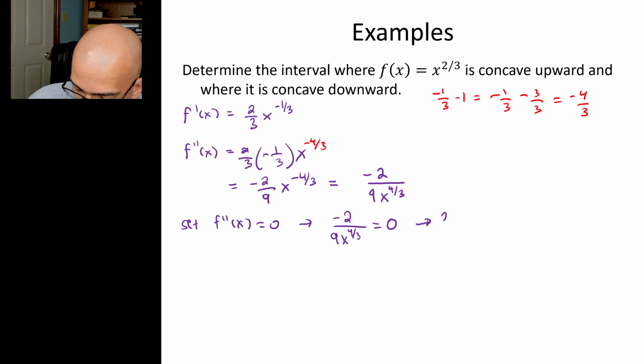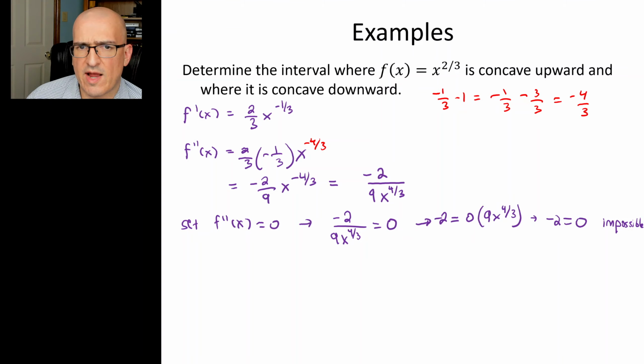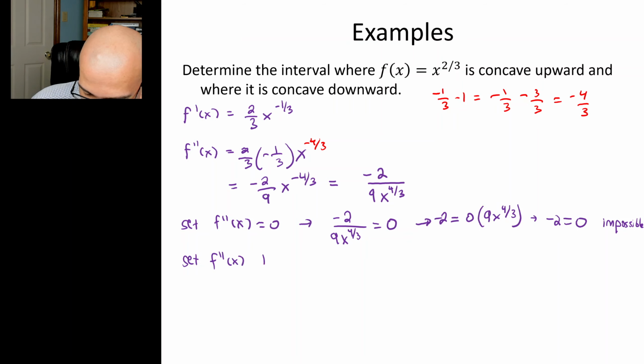Let's cross multiply. That means minus 2 is equal to 0 times 9x to the power of 4/3. That means negative 2 is equal to 0, which is impossible. It will never happen.